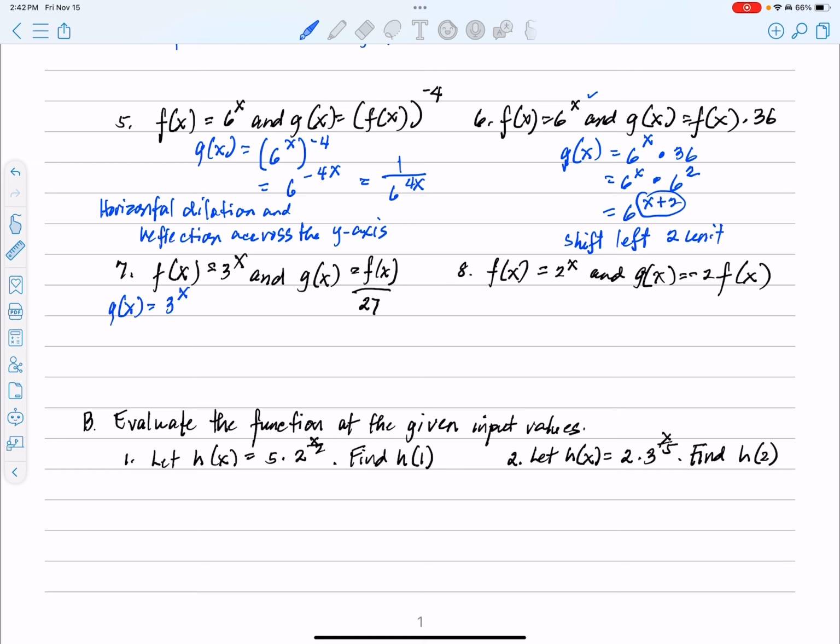We can rewrite 27 with base 3 as 3 to the third power. When we divide with the same base, we subtract the exponents. So there is a translation taking place. If it's minus, it shifts right 3 units.